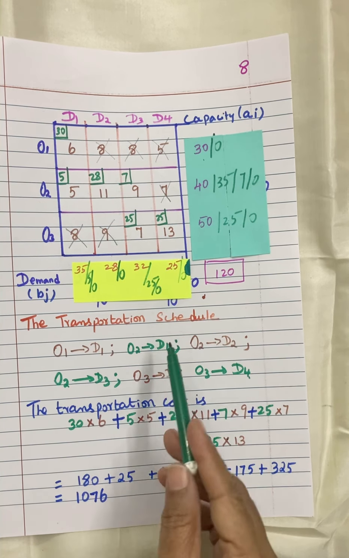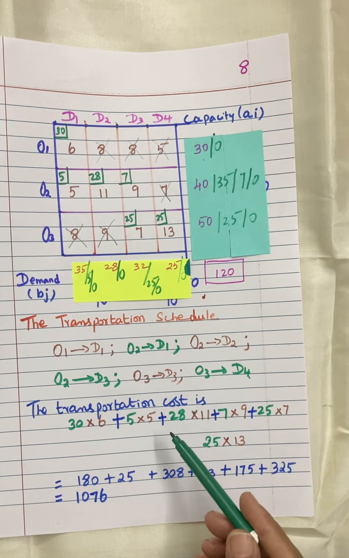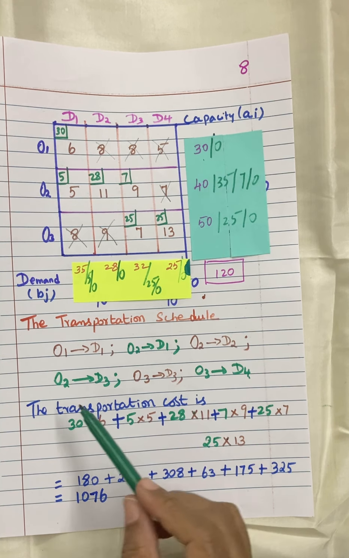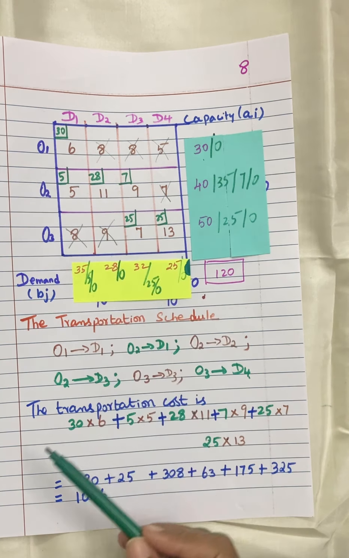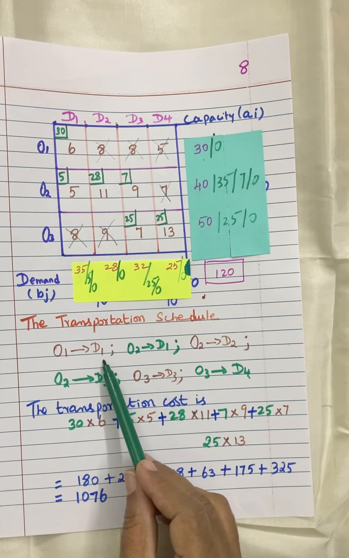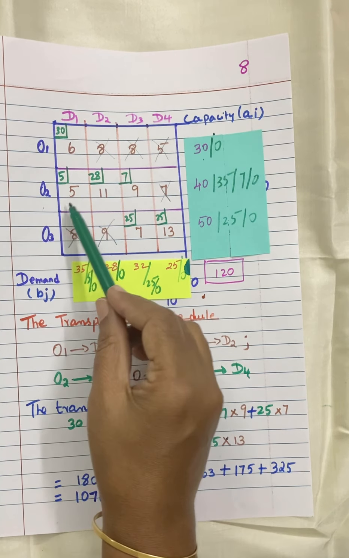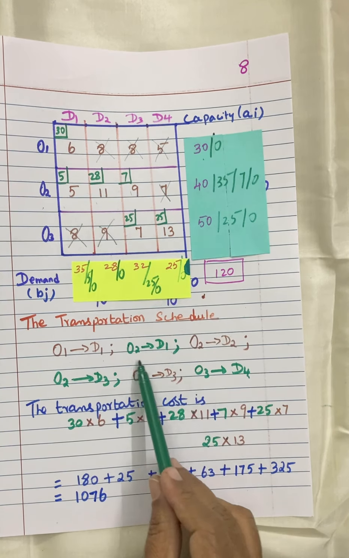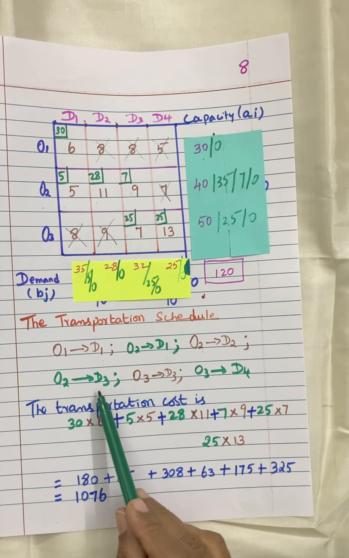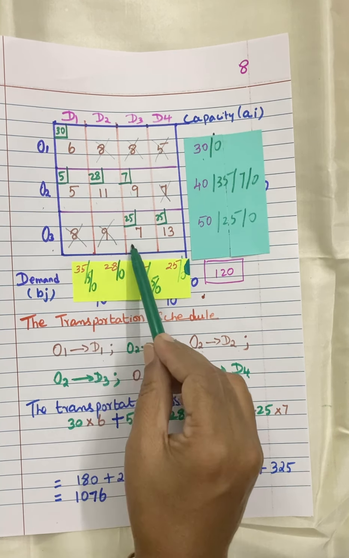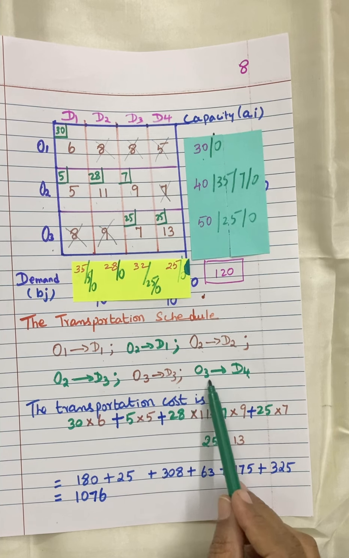Now we have to write the schedule. Then we have to write the transportation cost. Schedule is O1 to D1. O2 to D1, D2, D3. O3 to D3, D4. Okay.